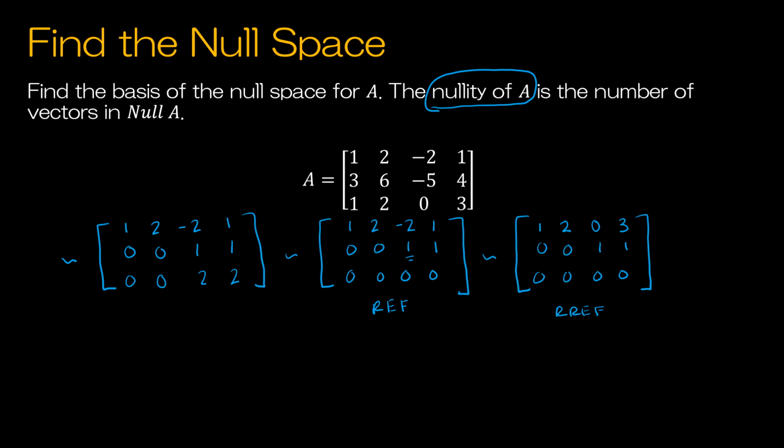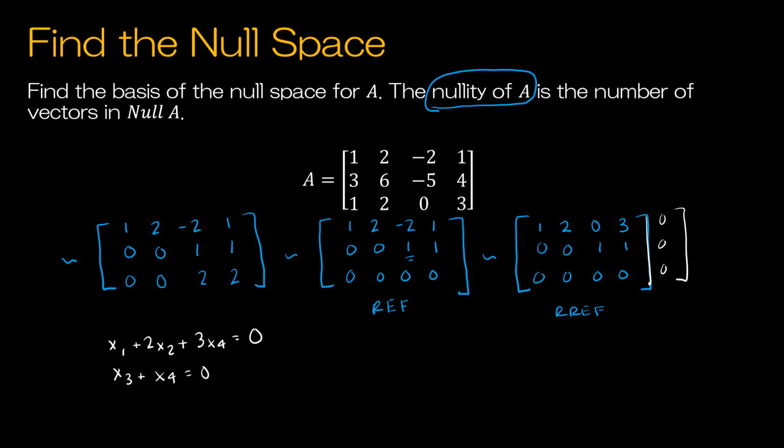So taking that first row, I have x1 plus 2x2 plus 3x4 is equal to 0, because remember, think about it augmented with zeros. For my second row, I have x3 plus x4 is equal to 0.